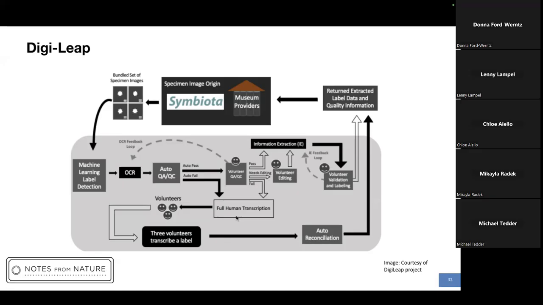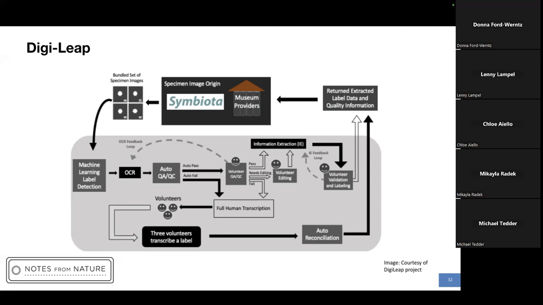Well, then we're going to send that to a full human transcription. If it passes, maybe we can check for other things related to the information that was pulled out, and so on and so forth. So the basic idea is that we're using humans along this process so that it's a semi-automated way of trying to improve the digitization.